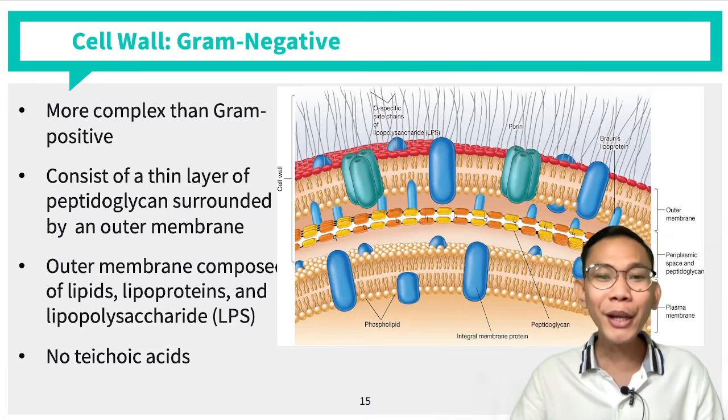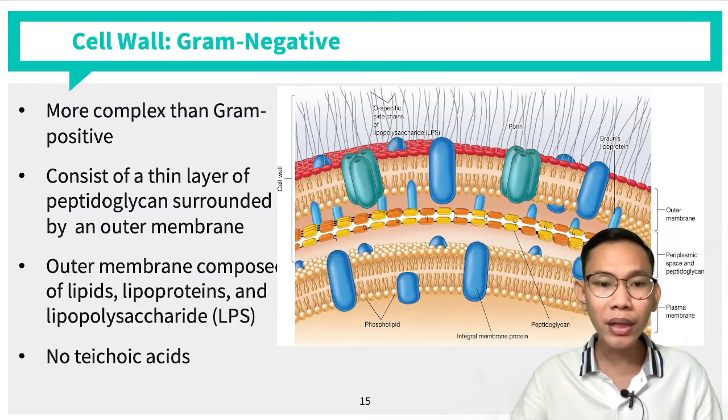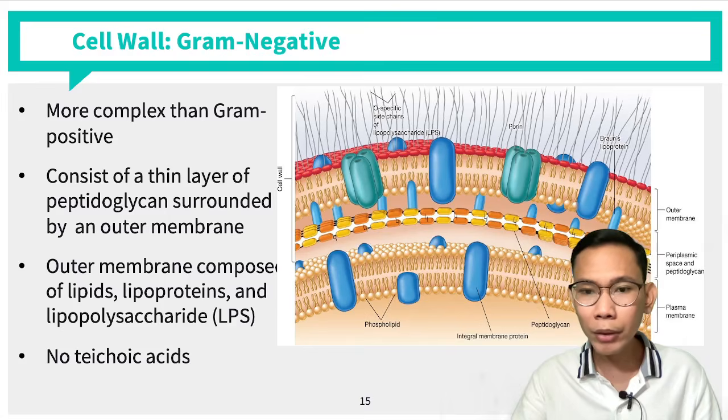Now let's compare the cell wall of your gram-positive now to your gram-negative. So, nakita natin sa diagram kanina that your gram-negative cell wall is more complex compared to your gram-positive. It consists of a thin layer of your peptidoglycan surrounded by an outer membrane. So, thin layer of your peptidoglycan. Where is our peptidoglycan here? This one, di ba?